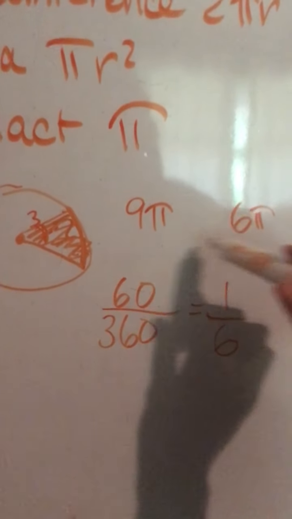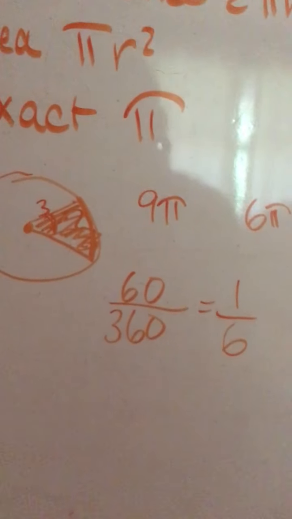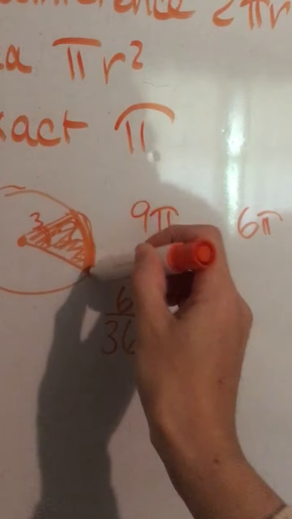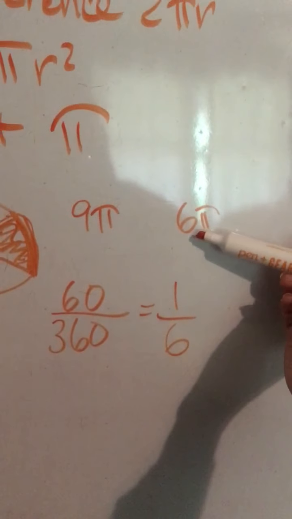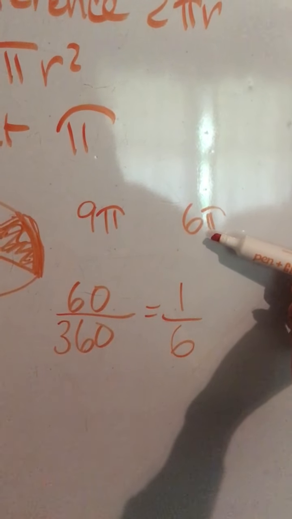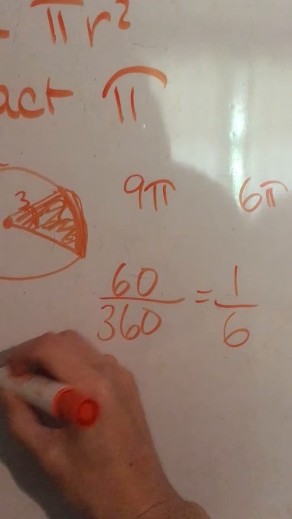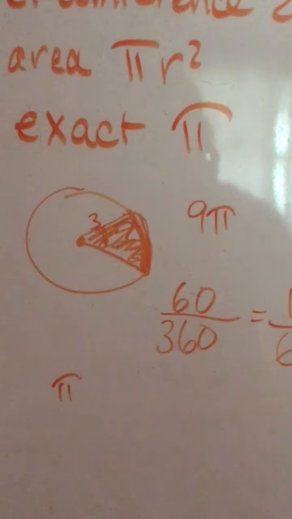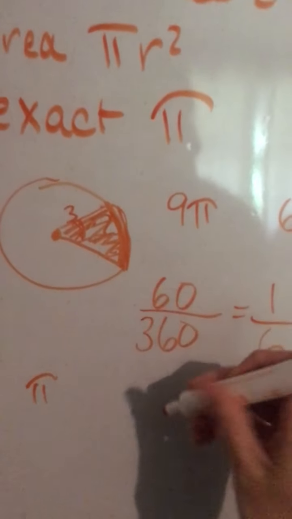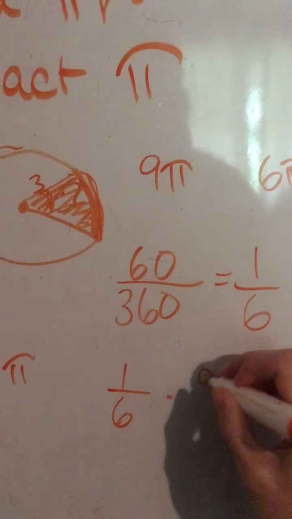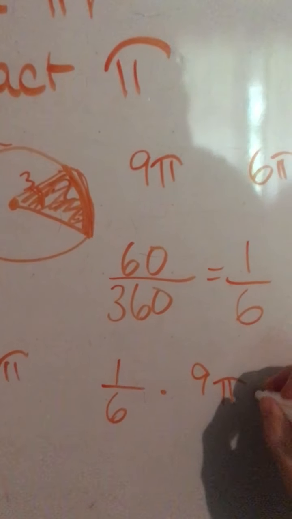So then I can go back to my area and circumference formulas and say, okay, this pie crust is 1/6 of 6 pi. So then it would just be 1 pi for my arc length. And then my area was 9 pi, so I've got 1/6 of 9 pi.